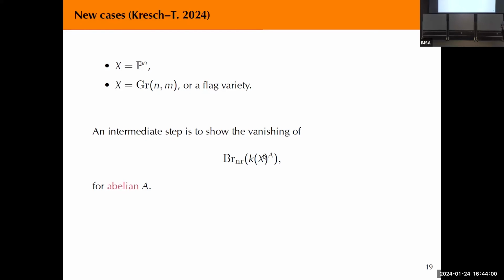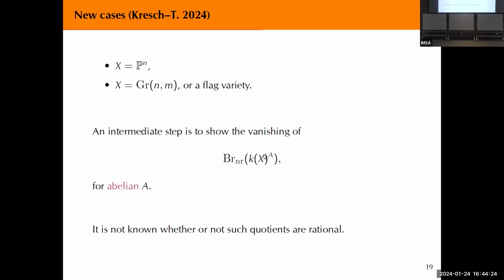So while we don't know that result for P^n, we did prove that the unramified Brauer group of such quotients by abelian groups is trivial, and that helped us to produce a general formula in those cases mentioned.